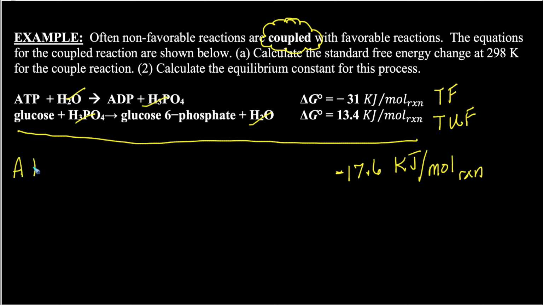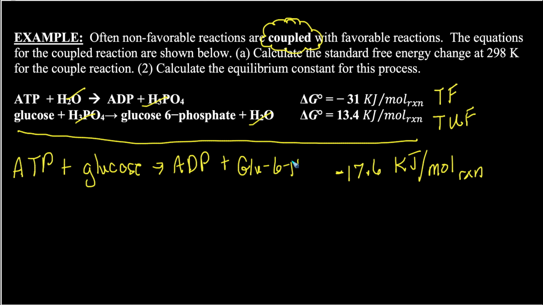So I'd get ATP plus glucose yields ADP plus glucose 6-phosphate. I'm just going to shorthand that there. And so we want to find out what K is for this, but bear in mind you have to have joules.